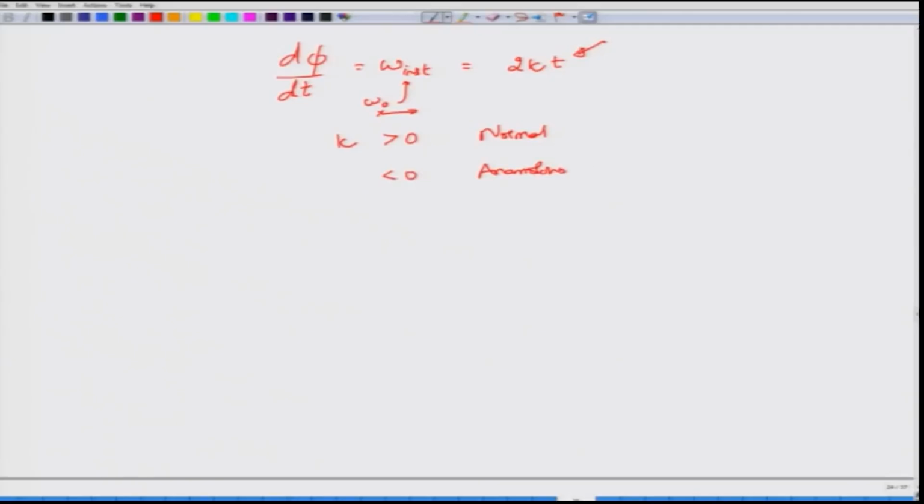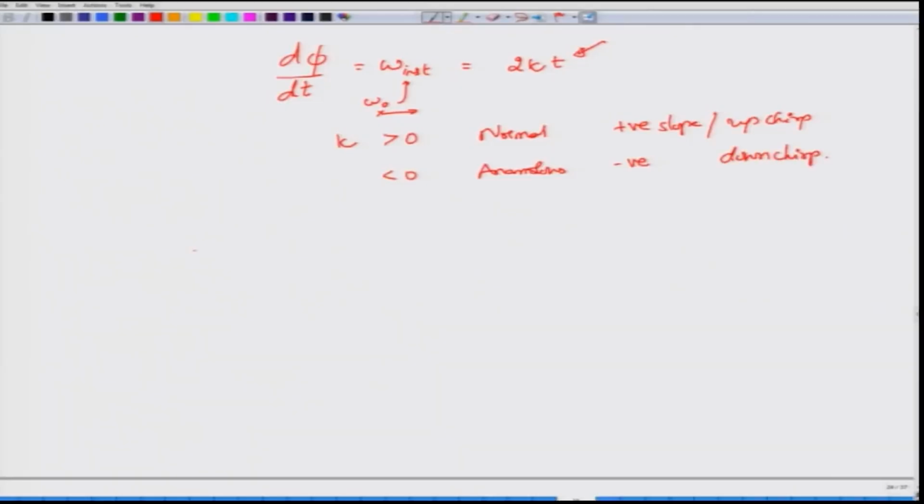Therefore, in normal dispersion, kappa is positive, so we have a positive slope, sometimes called up chirping. Chirping is a phenomenon wherein the phase of the pulse depends on the pulse time itself. Across the pulse the phase changes, and for the case when kappa is less than 0, you have what is called the down chirp.